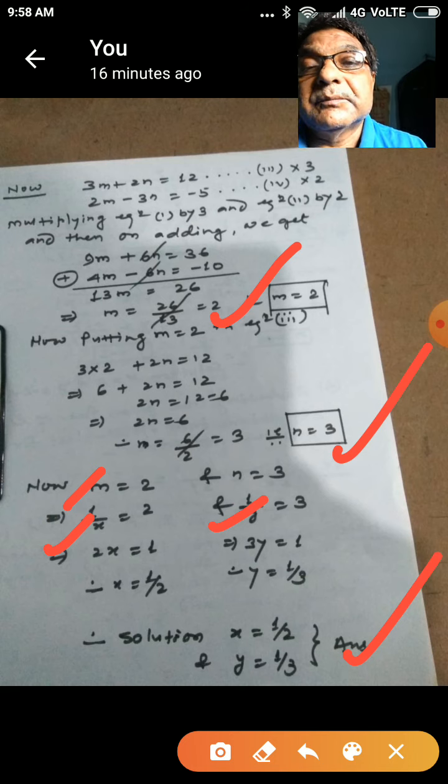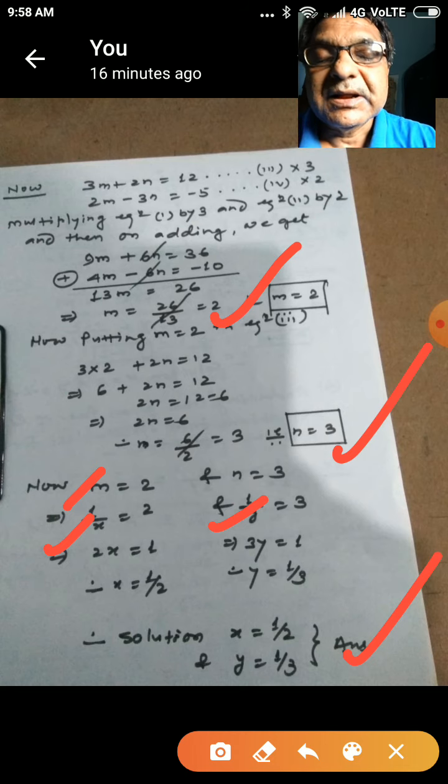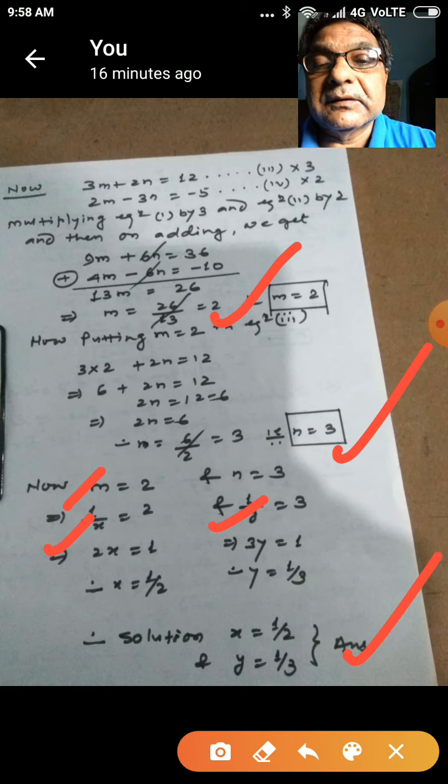This simplification method, the last method, you will find in your NCERT book in the last exercise, that is Exercise 3.6, which is entirely based on this method. So I hope it is now very clear.